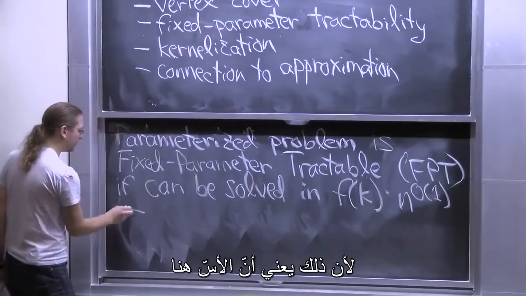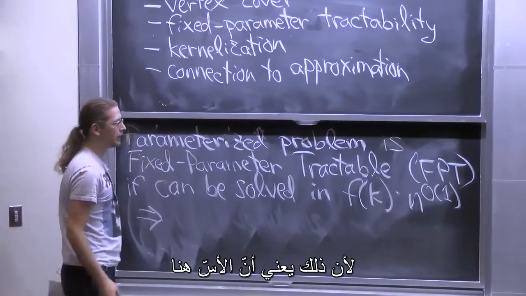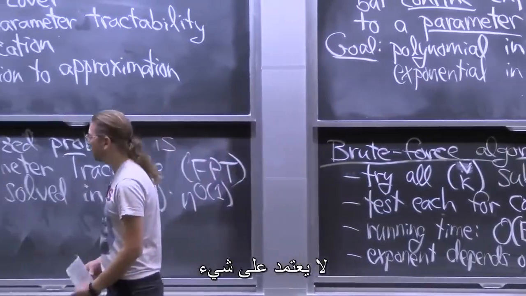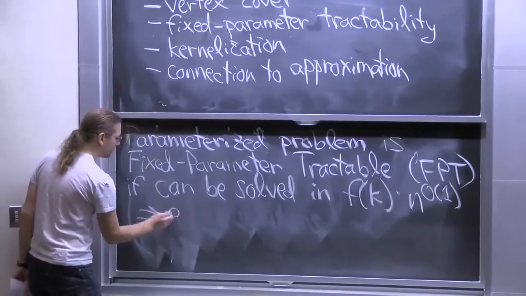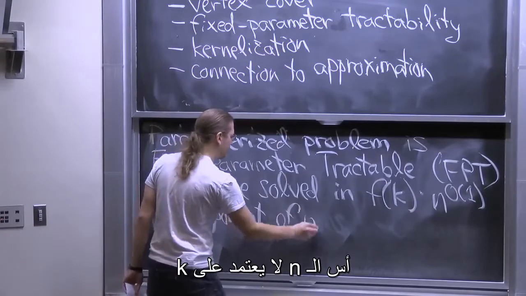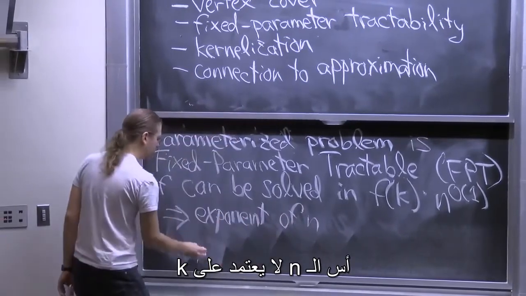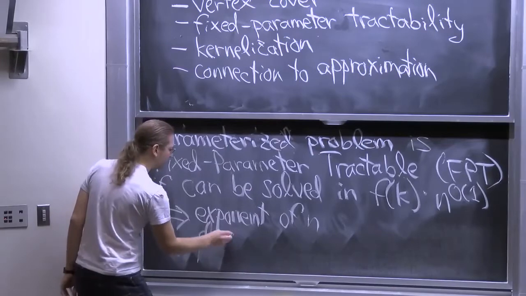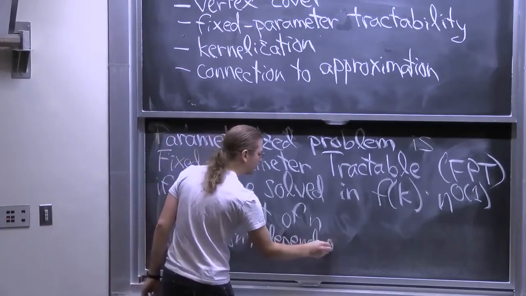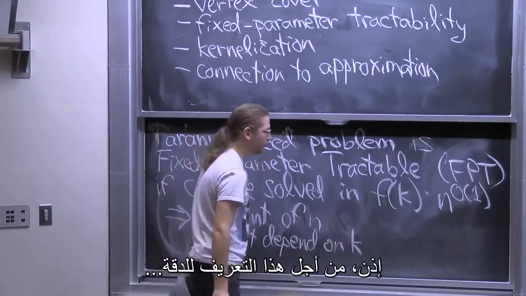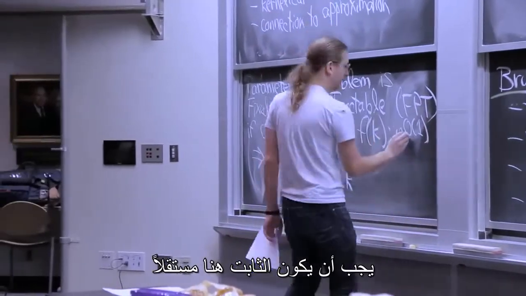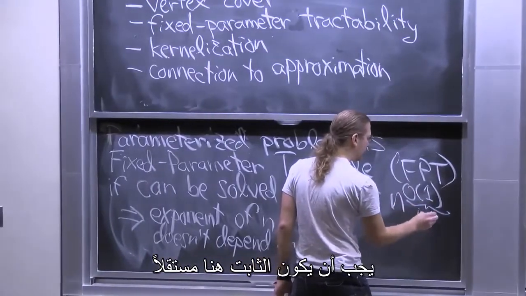Okay, because this means that the exponent of n doesn't depend on k. So for this definition, just to be explicit, I want the constant here to be independent.